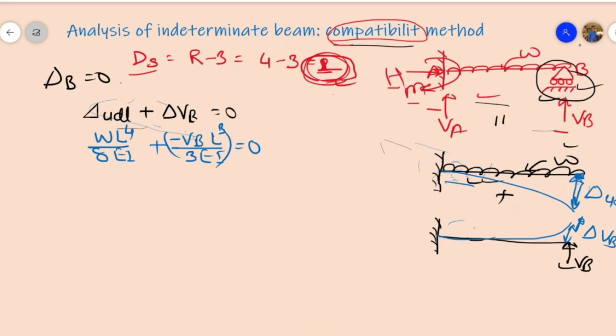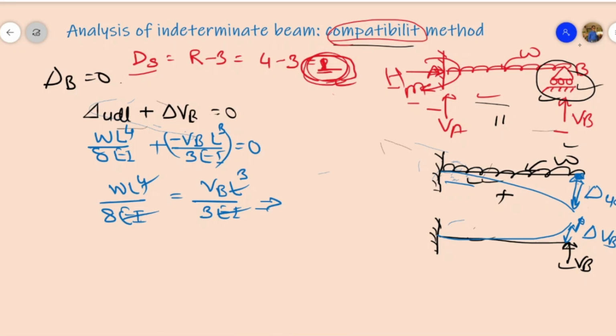When we evaluate this equation, we will get WL to the power 4 by 8 EI equals VB into L cube by 3 EI. So L cube and L to the power 4 will cancel, and EI will cancel.